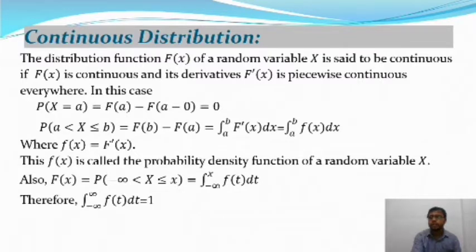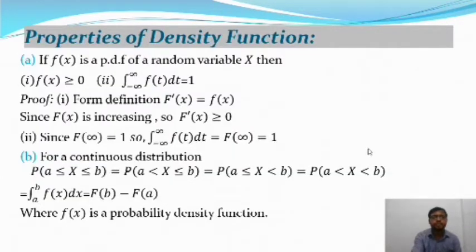There is a property of the distribution function I have already mentioned in the previous class, where F(infinity) is equal to 1 and F(minus infinity) is equal to 0. So from this we get the integration over minus infinity to plus infinity of f(t) dt is equal to 1.